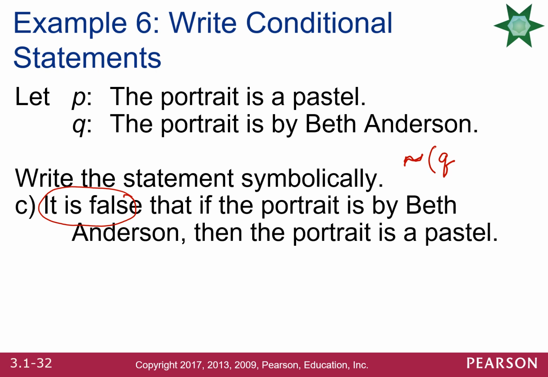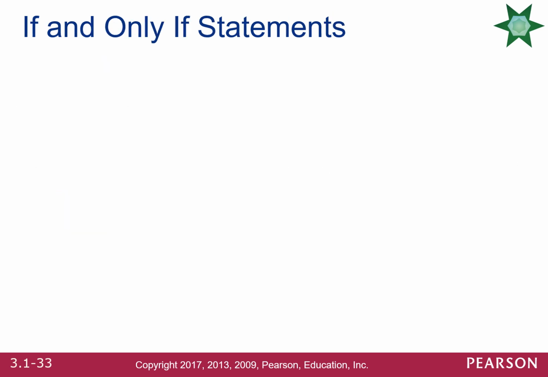And then we have the arrow, and then the portrait is a pastel is P, and that is what the solution is. So let's pull up the solution now. Not, and then brackets Q followed by the arrow, and then P, close brackets.